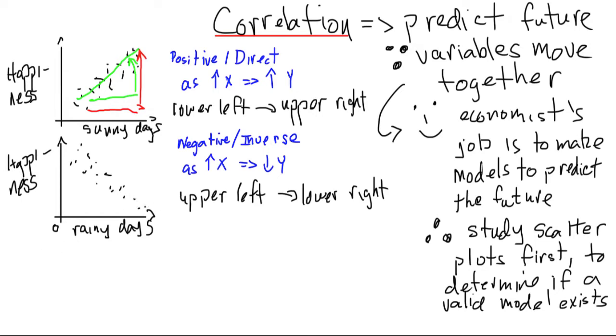And again, we can fit a line to this scatter diagram, and we can see that as the number of rainy days increases, the amount of happiness decreases. We can also say that this curve has got a negative or downward slope.